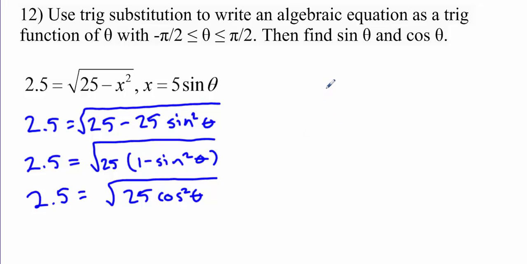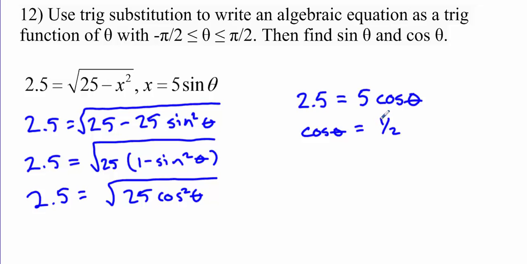I'm going to transfer my work up here, and the nice thing about that is we again no longer have any addition or subtraction, so I can rewrite this and apply the radical. So the square root of 25 is 5. The square root of cosine squared is cosine theta. We know how to solve. Divide both sides by 5. Cosine theta is 2.5 divided by 5.